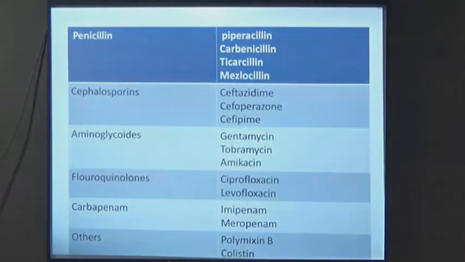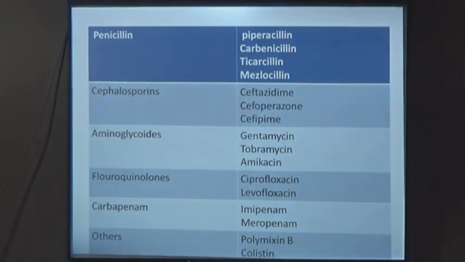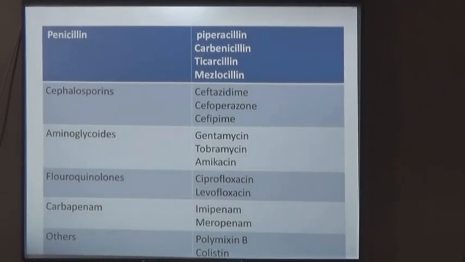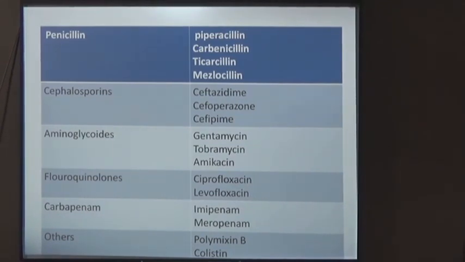So these are the drugs effective against Pseudomonas. Among penicillins: piperacillin, carbenicillin, ticarcillin, and mezlocillin, the extended spectrum ones. Among cephalosporins: ceftazidime, cefoperazone, and cefepime. Among third generation, these drugs are effective.